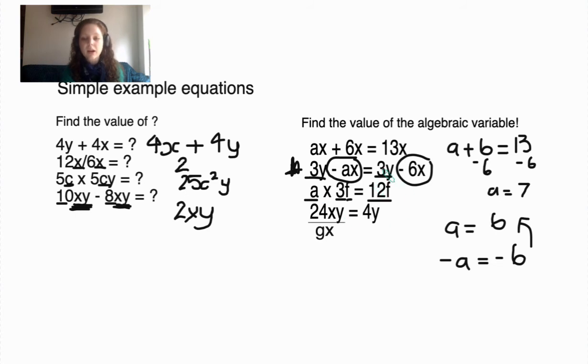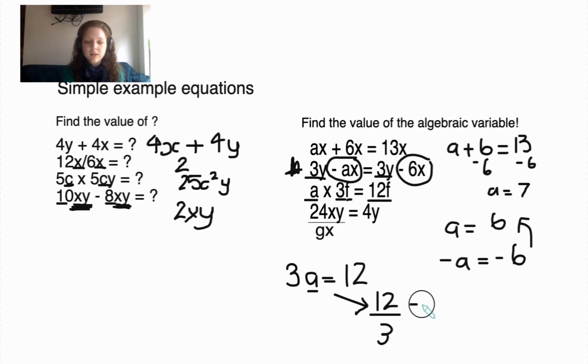So you look at the 12, you look at your 3, you look at the multiplication. So you know that 3a is equal to 12. So to get a by itself, you then have to divide 12 by 3, giving you the answer of 4.